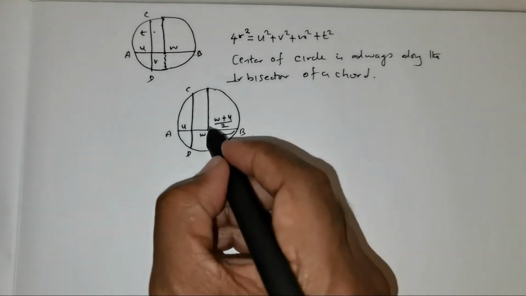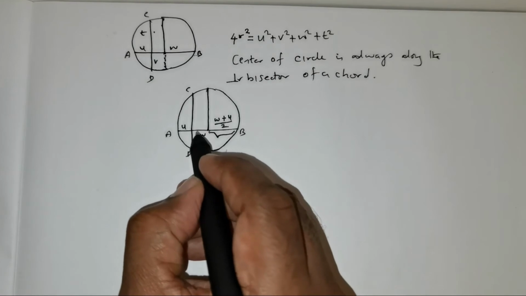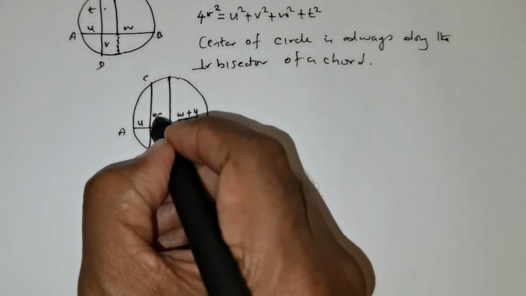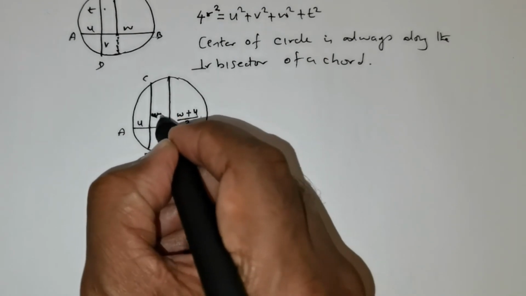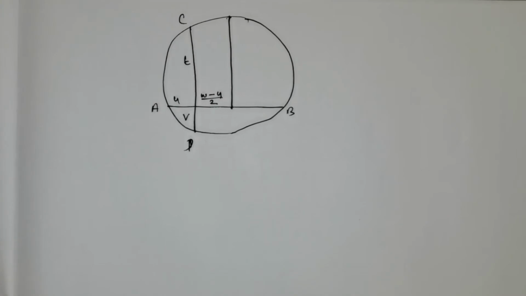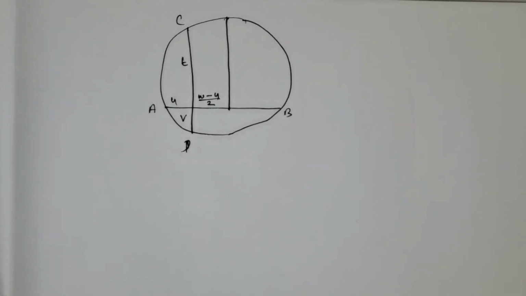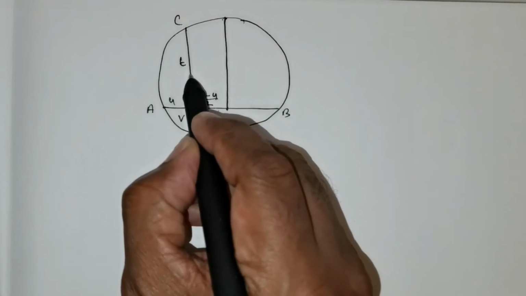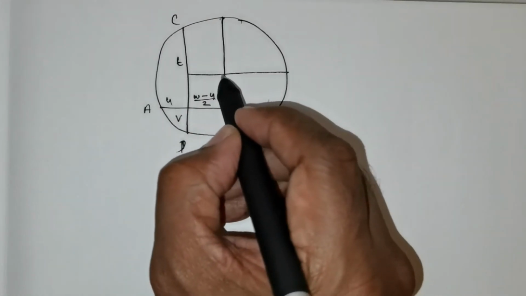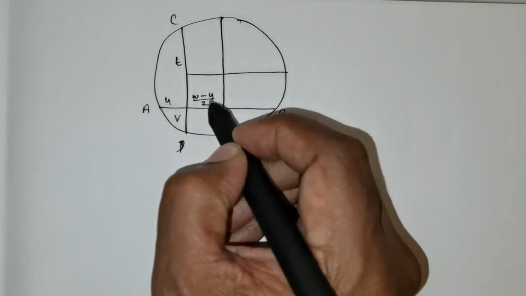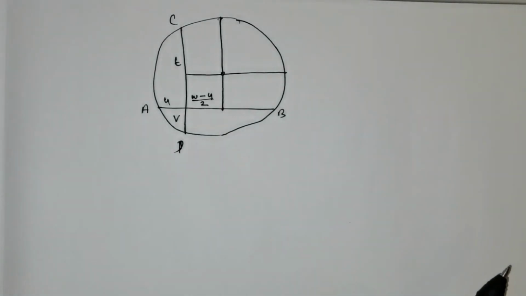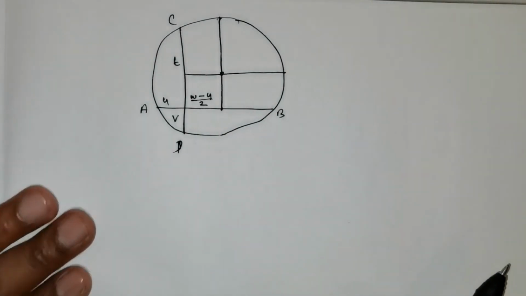Okay. Now, having got this distance, I'm interested in knowing this distance. So this distance would be w minus u divided by 2. Now, we need to drop a perpendicular bisector to the chord CD. So if I do that, then that perpendicular bisector would intersect the other perpendicular bisector exactly at the center.